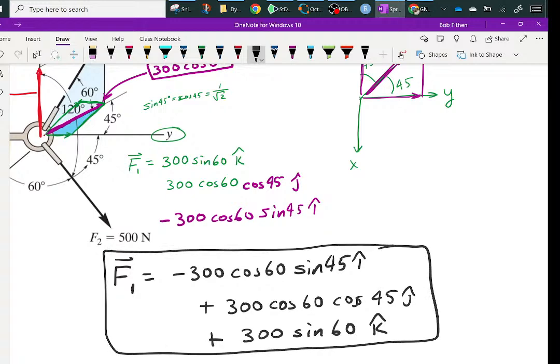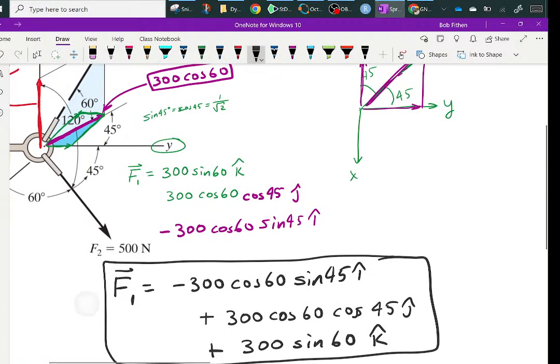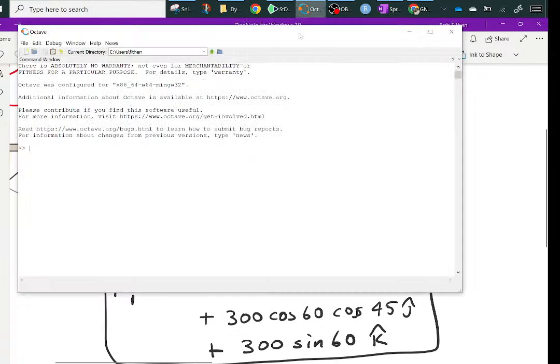And I'm going to try to keep it near the bottom of the page so I can go ahead and start using MATLAB.